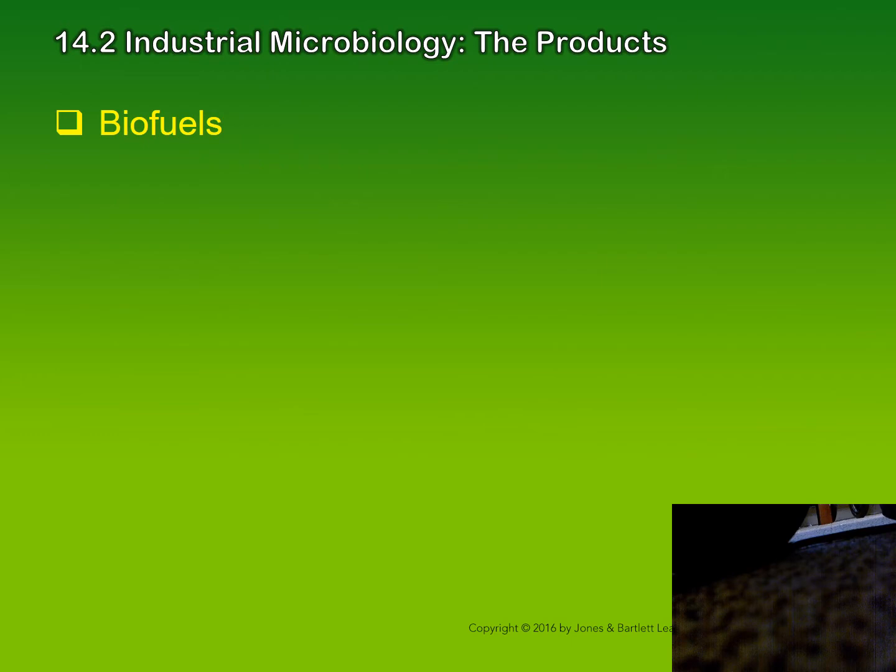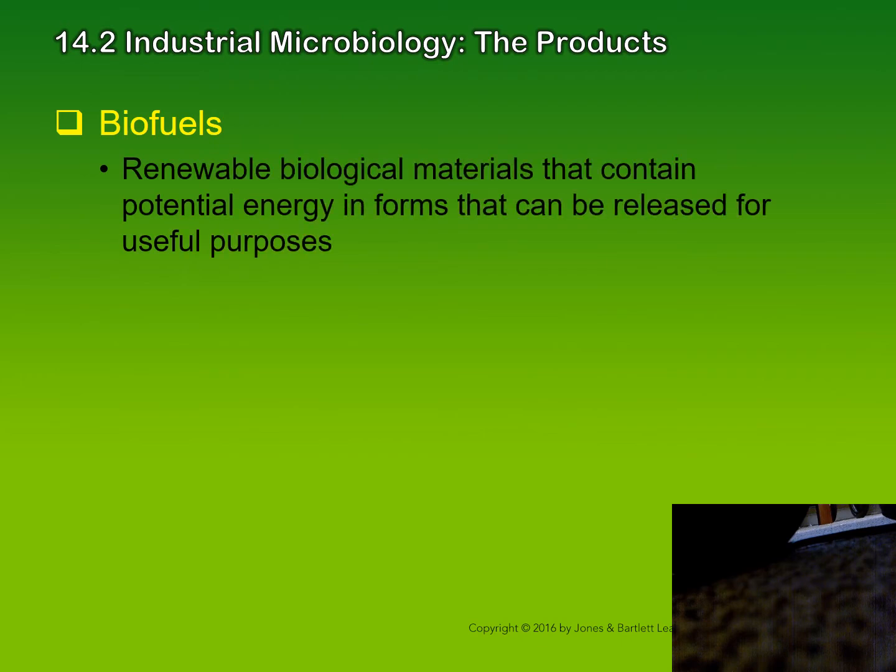Now, biofuels is an up and coming use of industrial microbes. So we can make fuels out of some renewable biological material. And one of the things that's very often used is something like leaves, plant leaves, or in an extreme case, you might go to sugar cane.